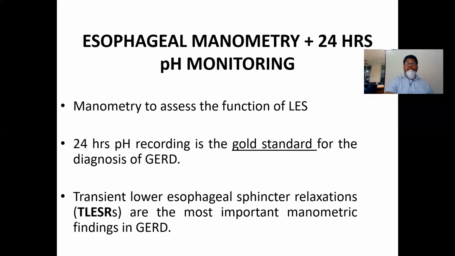So coming to the esophageal manometry and 24-hour pH monitoring. Esophageal manometry is done to assess the function of the lower esophageal sphincter. And 24-hour pH recording is the gold standard for diagnosis of GERD. Here the most important finding is the transient lower esophageal sphincter relaxation, which is altered in case of GERD.